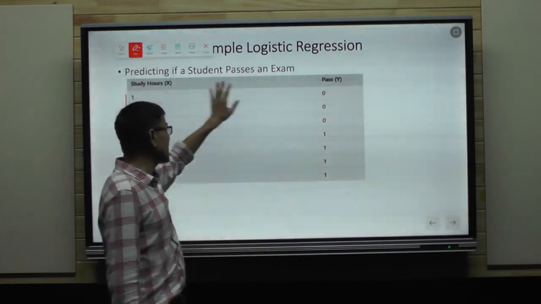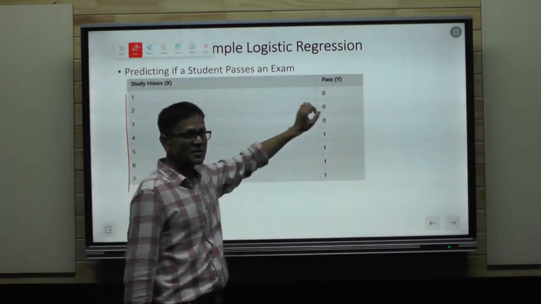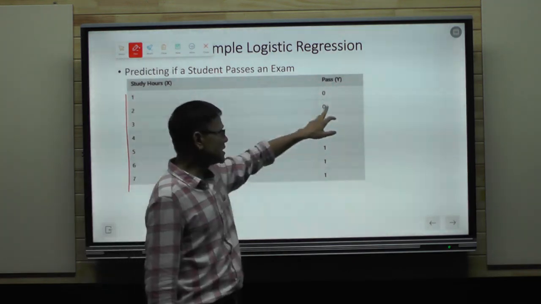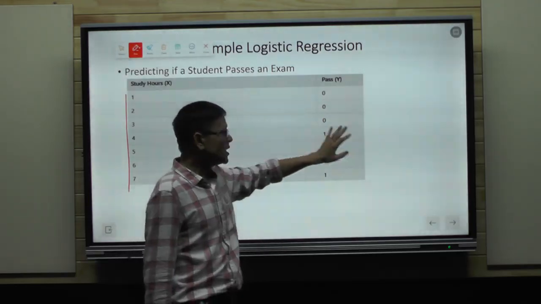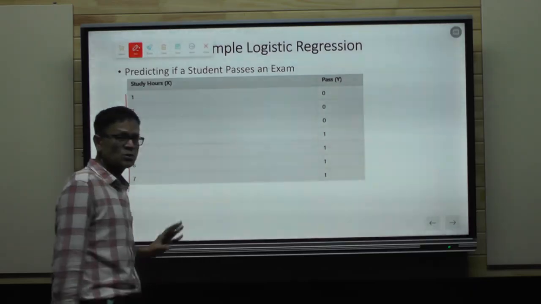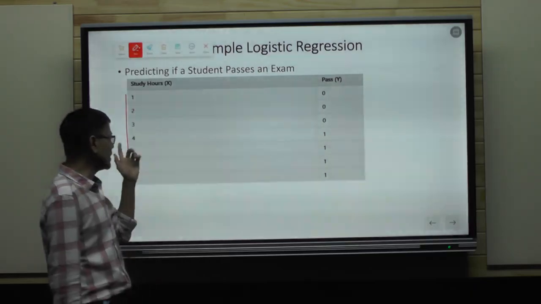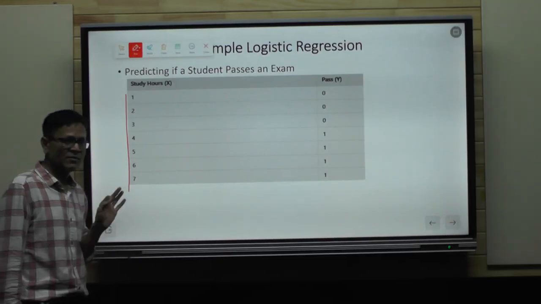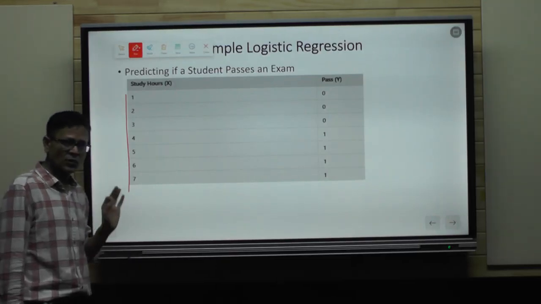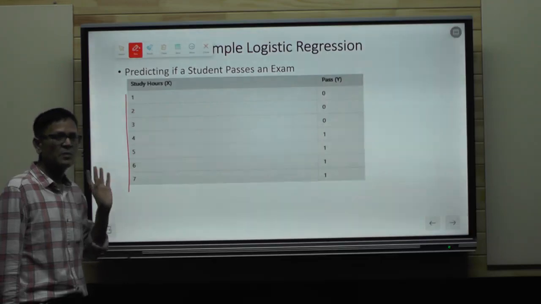If they studied for 1 hour, the student fails. For 2 hours of study per day, the student fails, and for 3 hours per day, the student fails. But if a student studies for 4 hours in a day, they pass. For 5 hours in a day, they pass. For 6 they pass, and for 7 they pass.